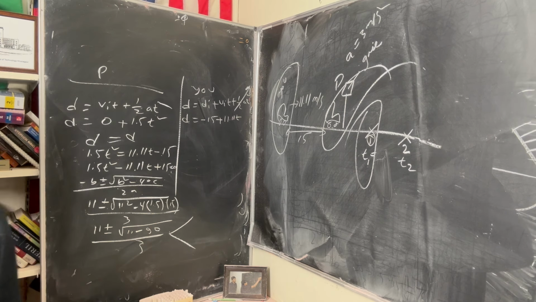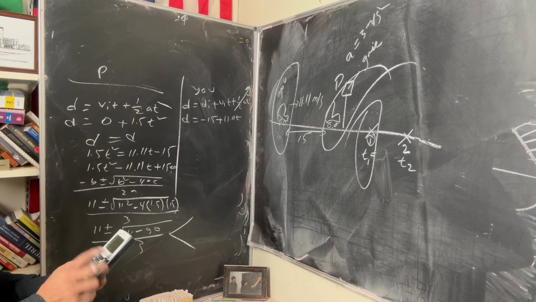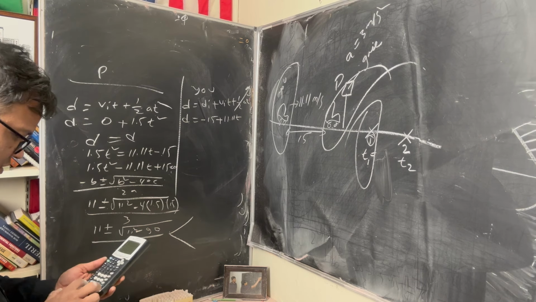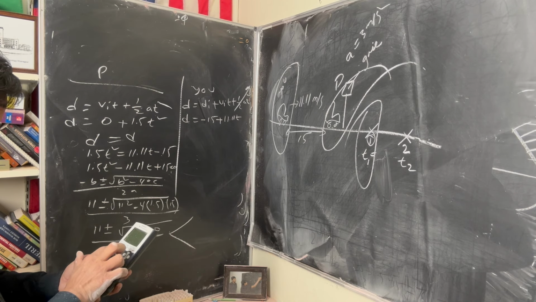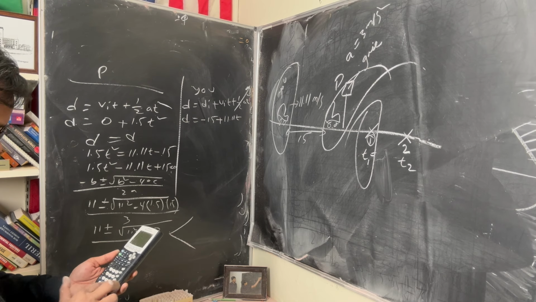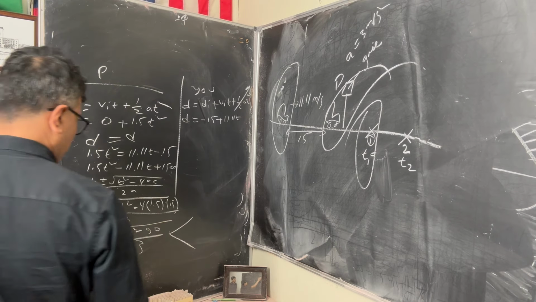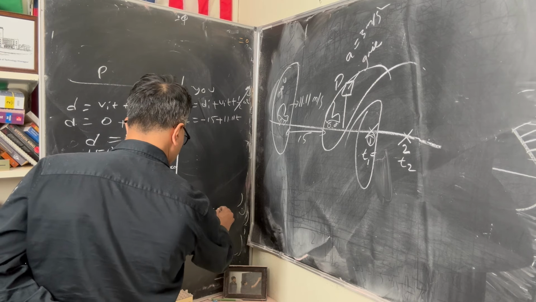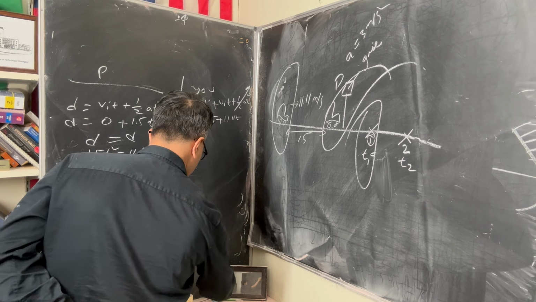That square root must be something. The square root of 11 squared minus 90 is 5.6. So I'm going to write 11 plus 5.6 divided by 3, and 11 minus 5.6 divided by 3.